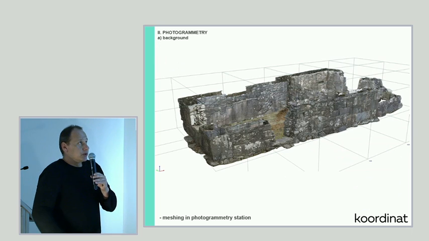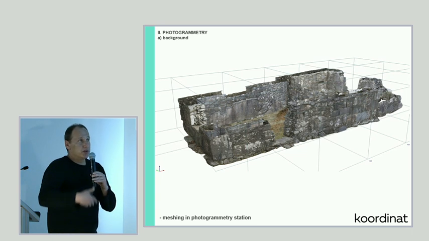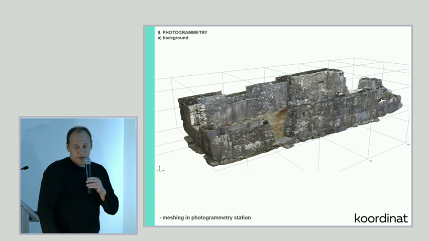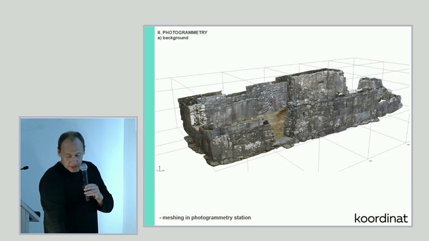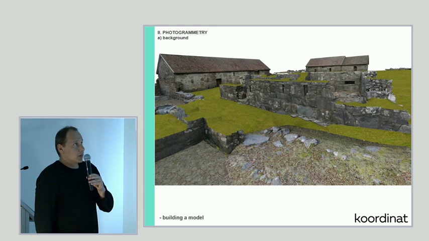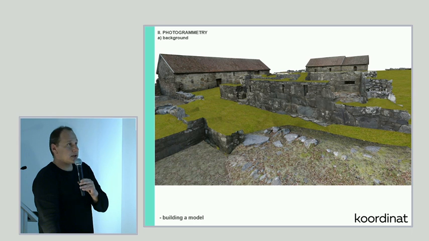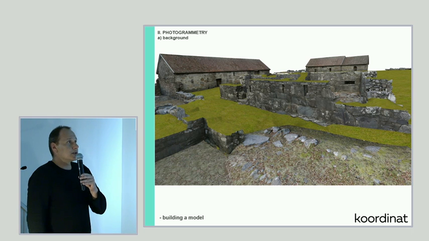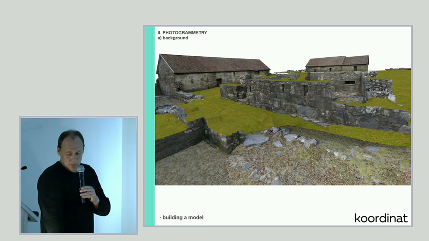And when you do it surface by surface, you can achieve quite good results and build your 3D models, starting from small ones up to more complex scenes, like you can see here. This is an example from a medieval monastery at Halsnøy in Norway.